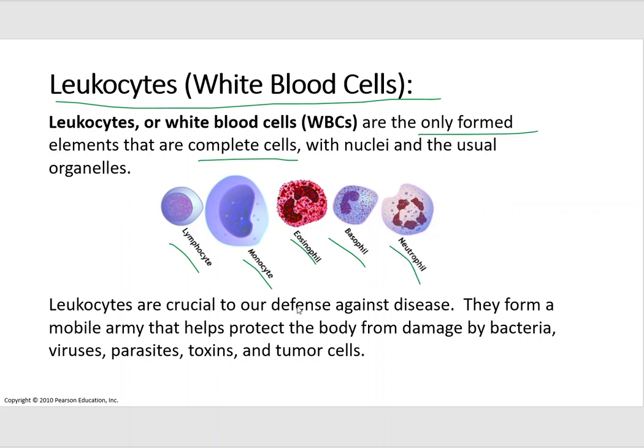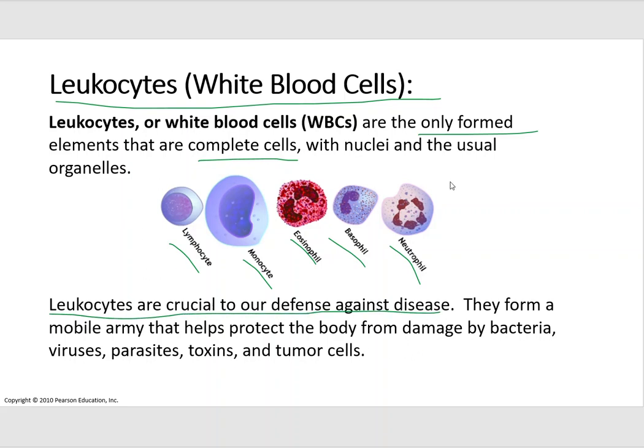Now we're going to talk a lot more about these when we get to the immune system as far as their specific functions. So right now we're going to try to keep it kind of light on that and just talk about some of their other properties.